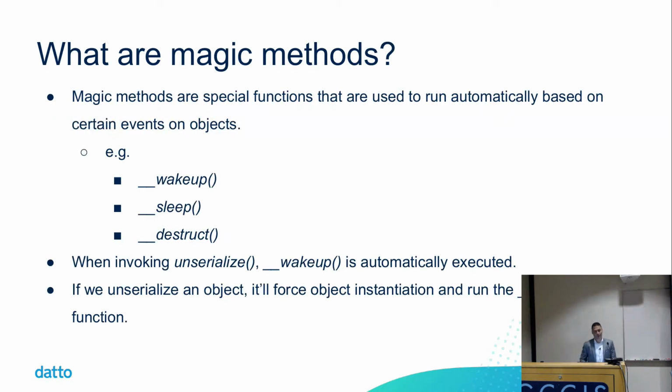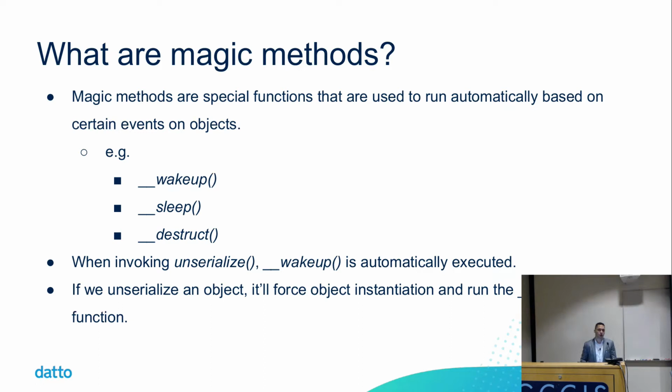Here's part 2. This is the other extremely important part of the attack: magic methods. PHP and a few other languages have them. These magic methods are special functions that start with two underscores, then some name, and then parentheses afterwards.